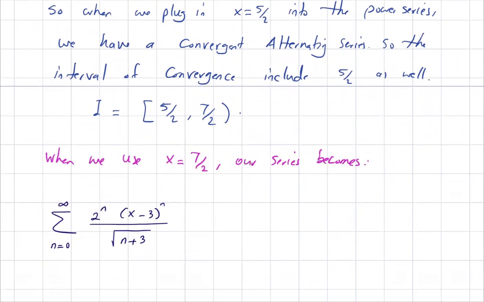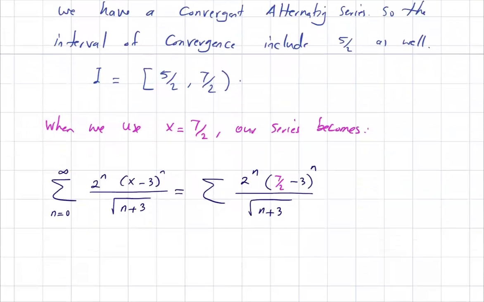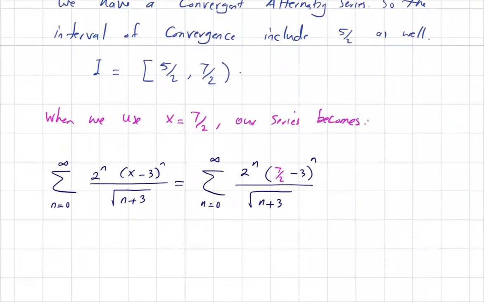This becomes the summation of 2 to the n times 7 over 2, starting from 0 and going to infinity. That can be simplified into the summation of 2 to the n times 1 over 2 to power n, over square root of n plus 3, starting from 0 going to infinity.